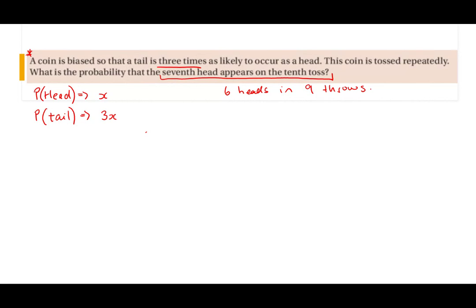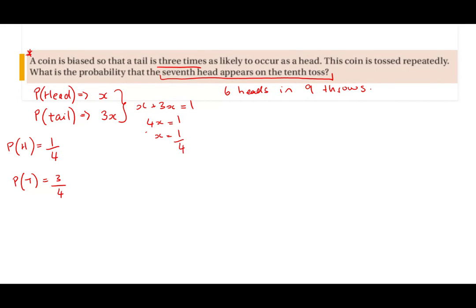Now I can actually figure out this probability, because I have X plus 3X, and we know that it has to add up to 1. So 4X is equal to 1, X is equal to a quarter. So the probability of a head is equal to 1/4 and the probability of a tail is equal to 3/4.